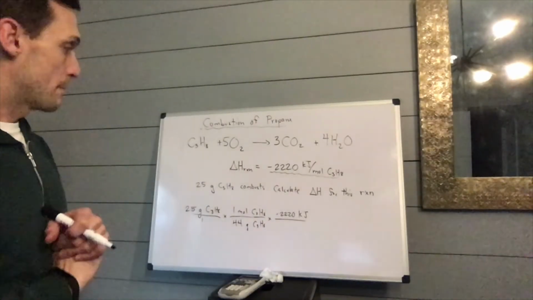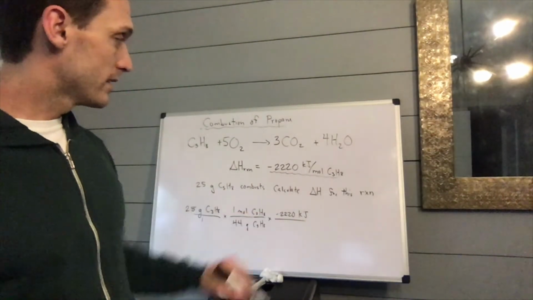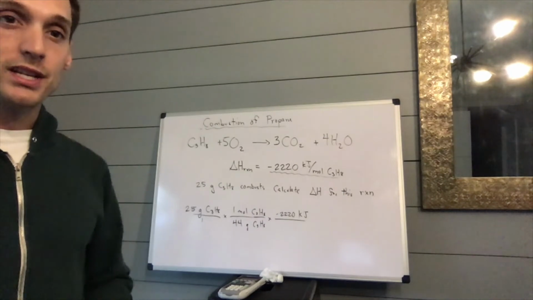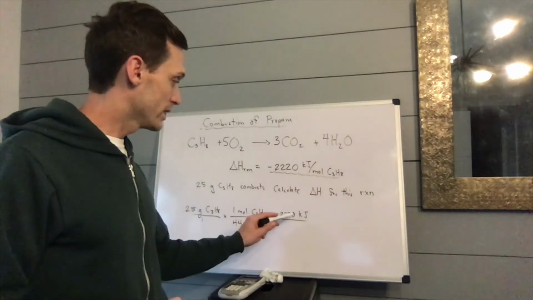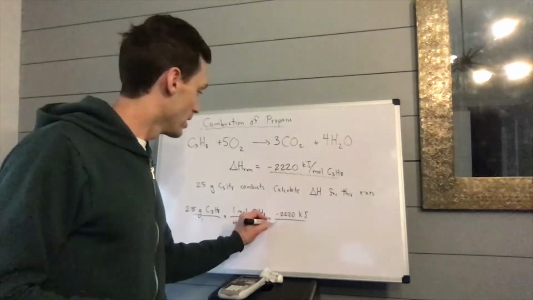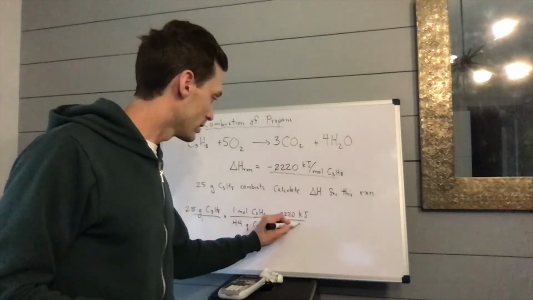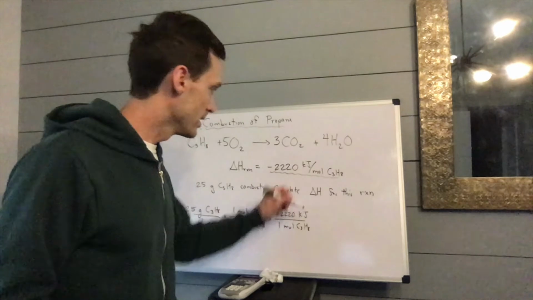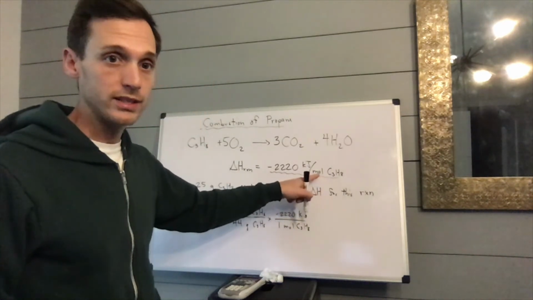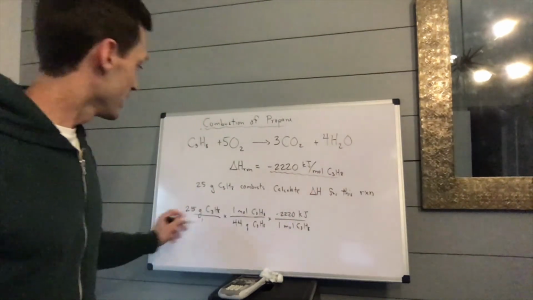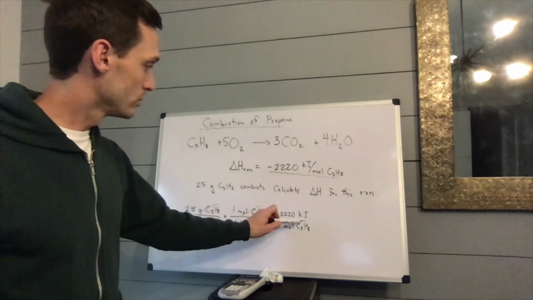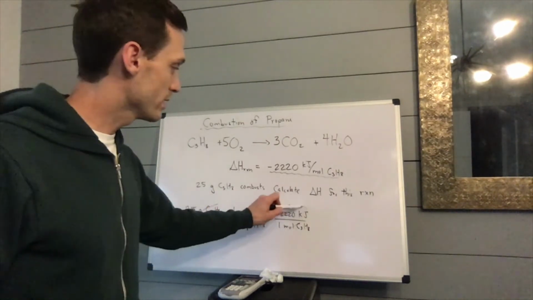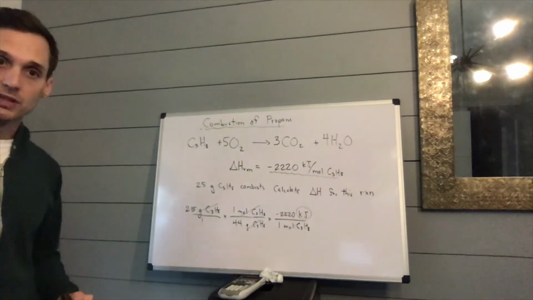As I was saying, we can just plug that delta H for the reaction in as a conversion factor. So it'll be negative 2220 kilojoules in the numerator over 1 mole of C3H8, because that's what it says in our delta H for the reaction. If you notice, look at the units, grams of propane cancels, moles of propane cancels, and we are left with kilojoules.